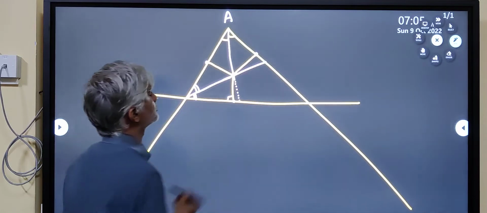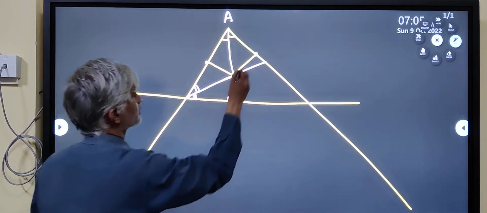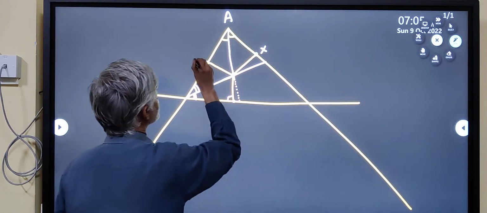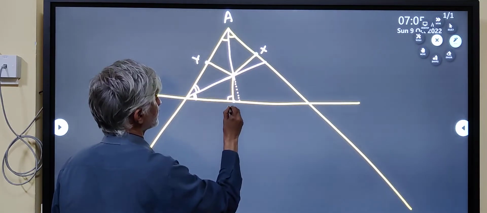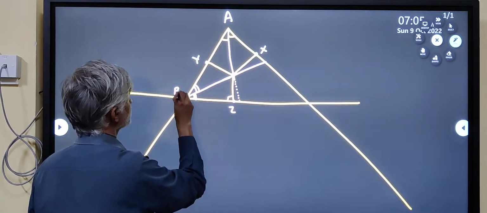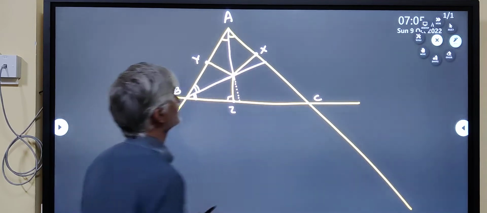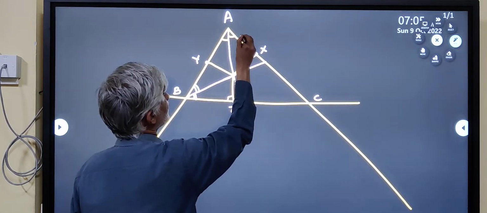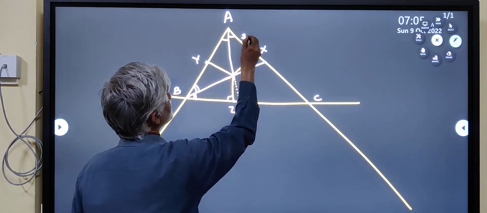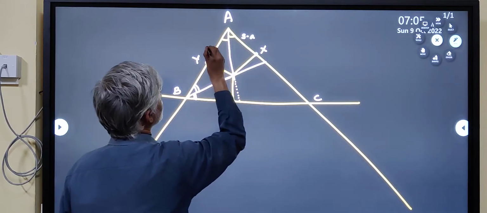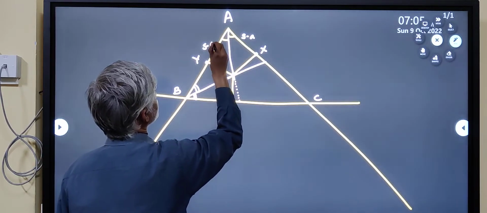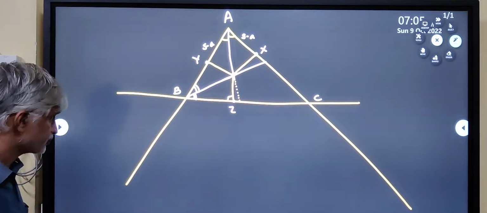For example, what should we call it? Let's just call this x, y and z, and this point b, c. Now this distance AX was s minus a, and this was also s minus a, and so on.